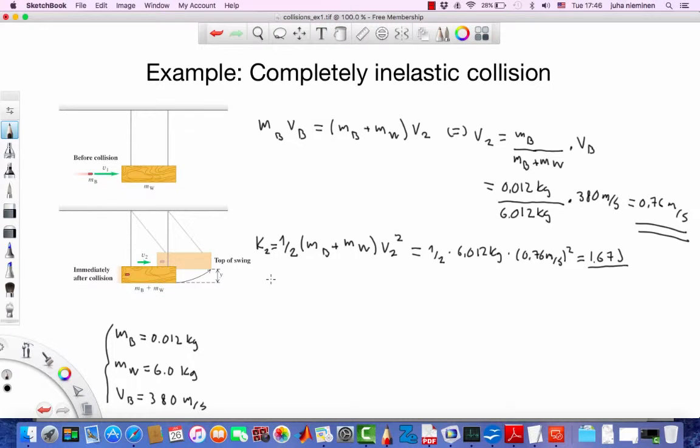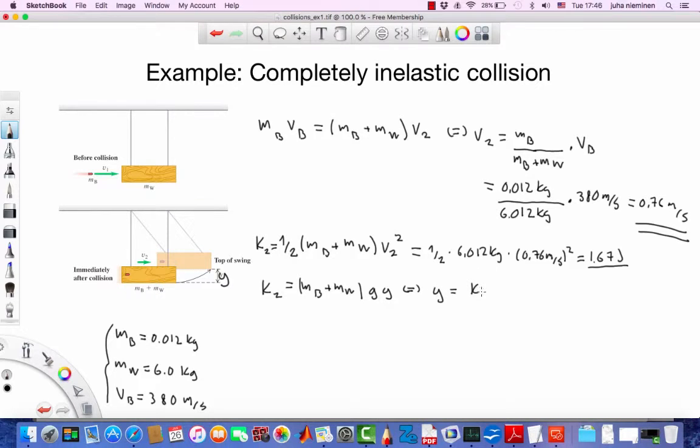And by the conservation of energy, all this kinetic energy is converted into gravitational potential energy of the wood and the bullet. So total mass times g times the height y that we have here. And we can solve for y.